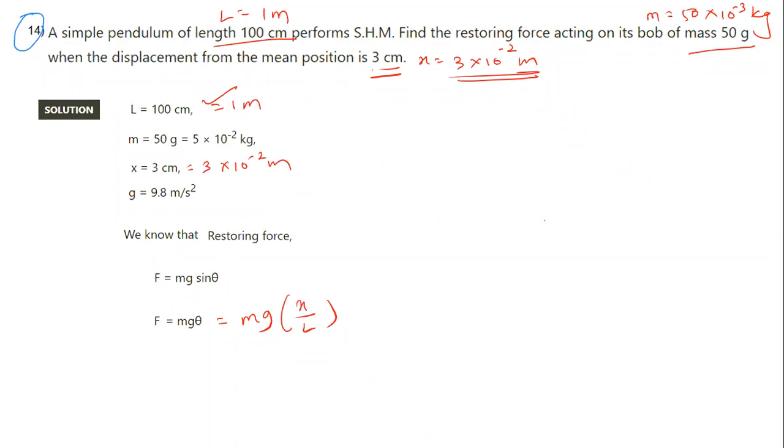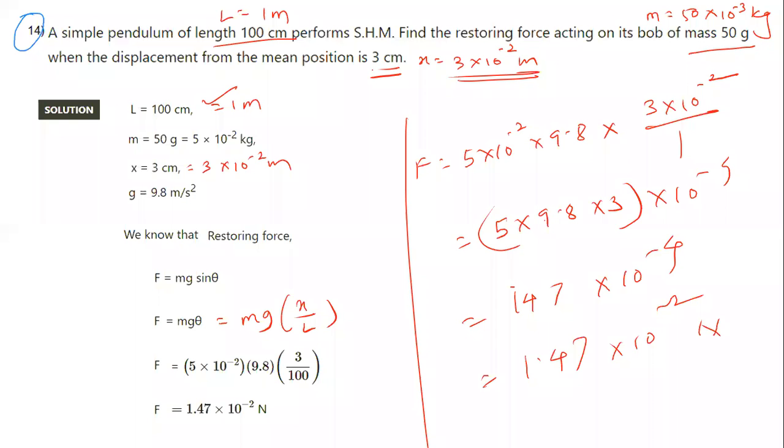We have to substitute and solve it for F. After substitution of the values and doing the simple calculations, we get the force 1.47 into 10 raised to minus 2 Newton.